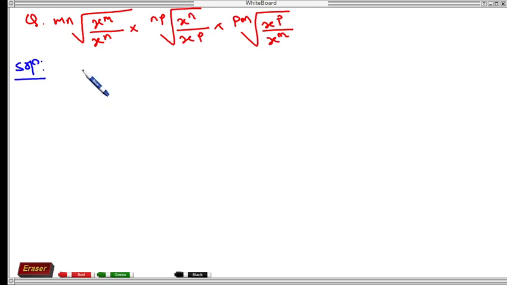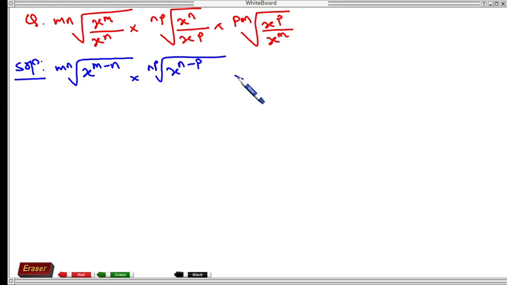Okay, so x to the power m minus n over mn, then x to the power n minus p over np, then the pm root of x to the power p minus m. First step is this.